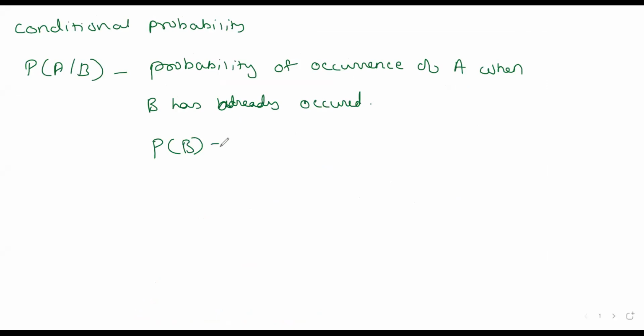Here, probability of B should not be 0, that is, B is not an impossible event.